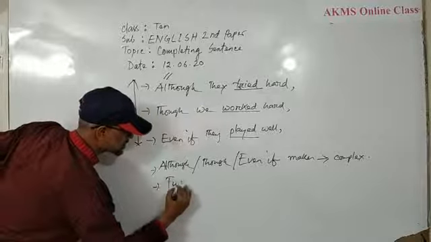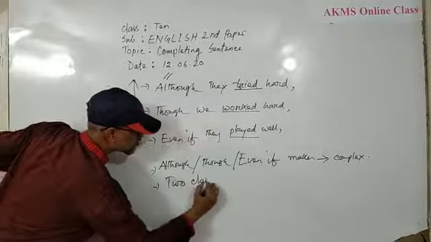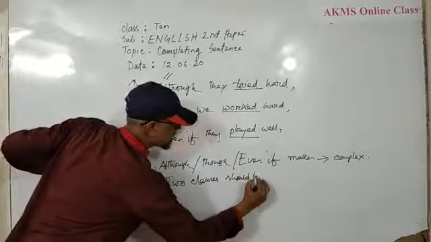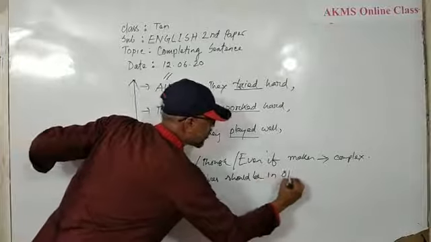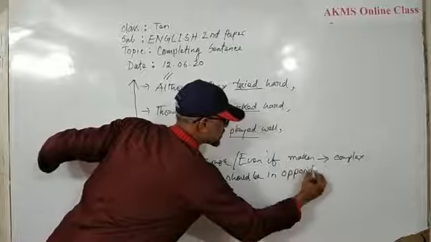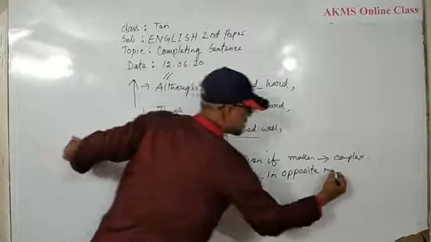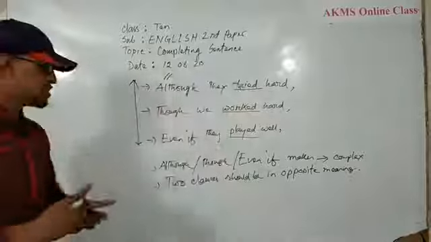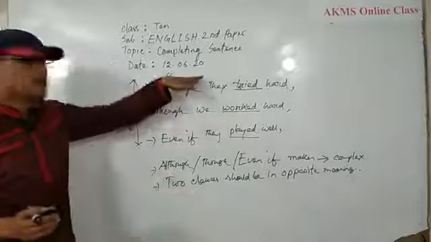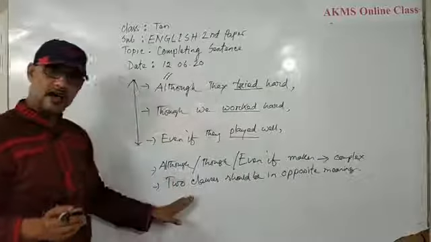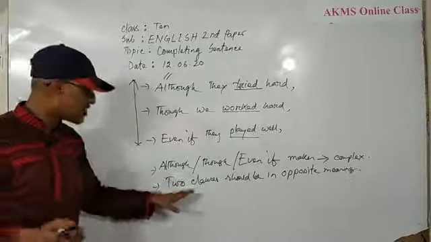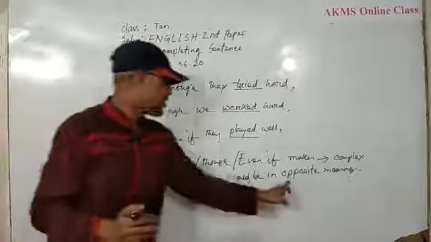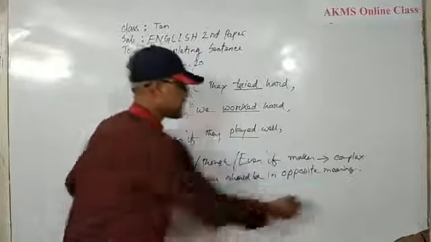Two clauses should be in opposite meaning. Now, dears, you know it is a complex sentence, and I have told you that these conjunctions combine two clauses of opposite meaning.